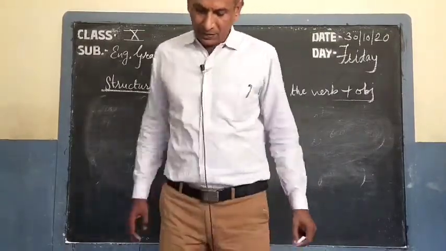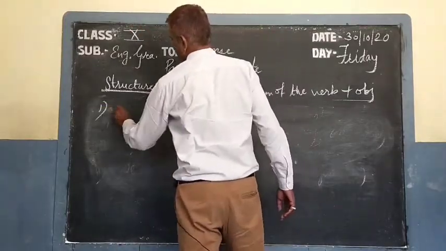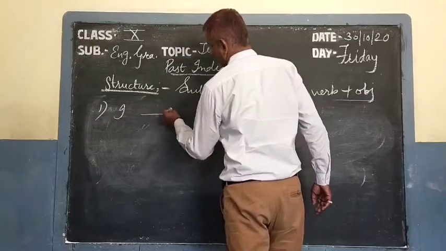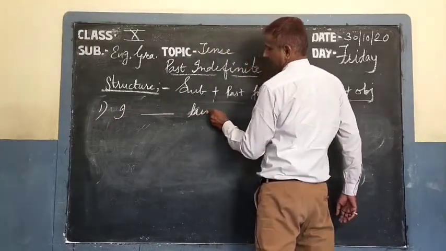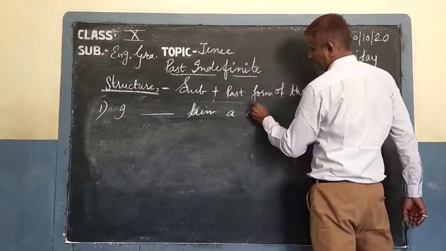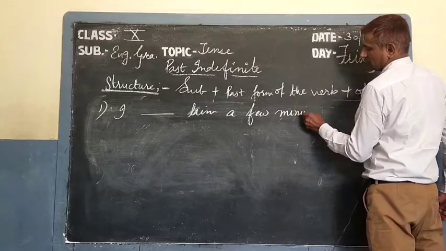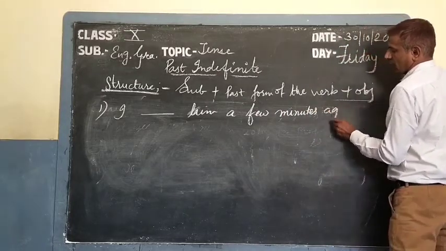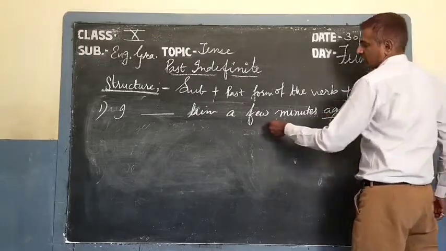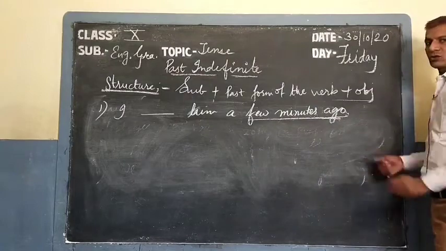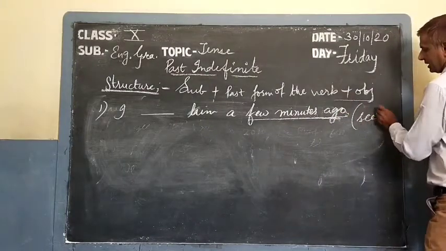See one sentence: I, verb, him, a few minutes ago. I forgot to tell you this word. Ago is also with the time ago. This is also identification of the past indefinite. The verb is see.